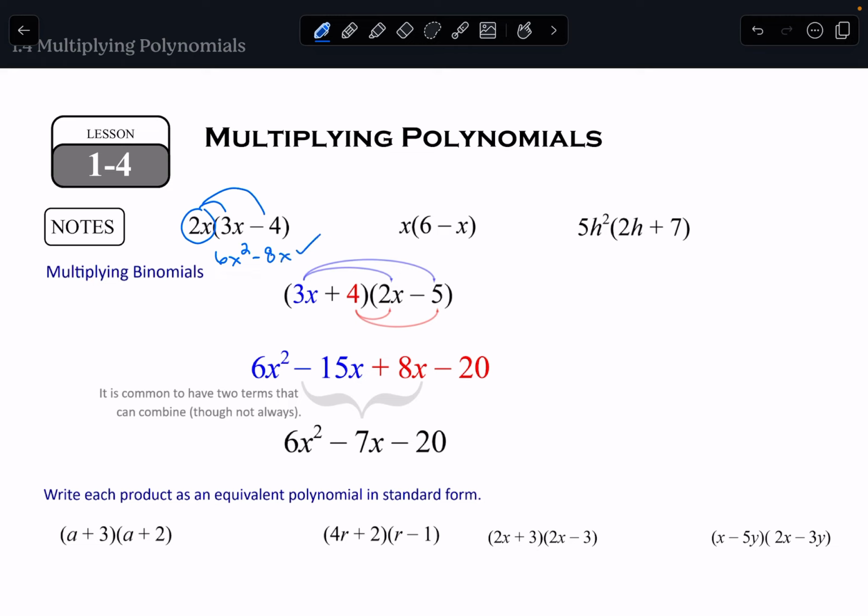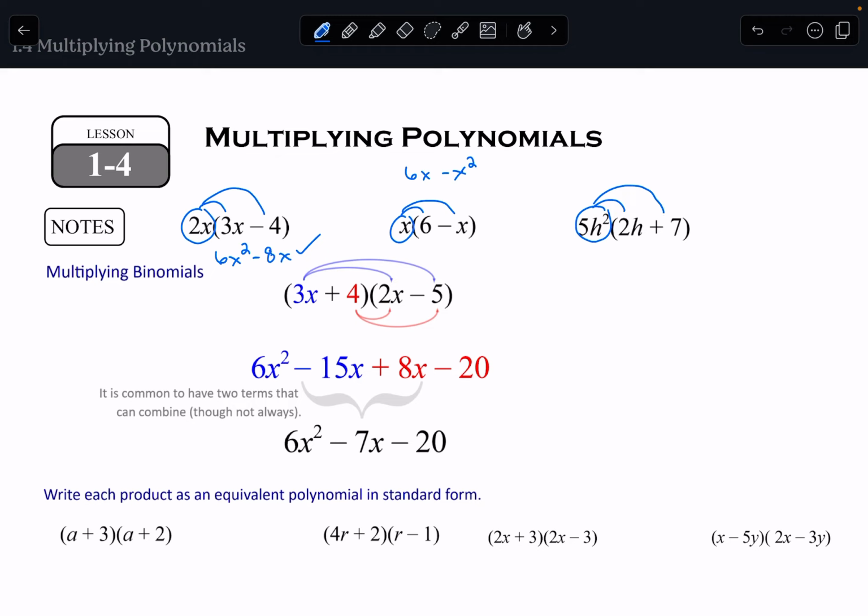Okay? If I have just an x in front, I take the x, multiply it by everything on the inside. So x times 6 becomes 6x. X times negative x is negative x squared. Third one, 5h squared is in front of the parenthesis, and it gets multiplied by everything on the inside.